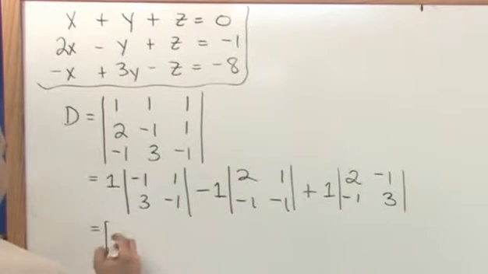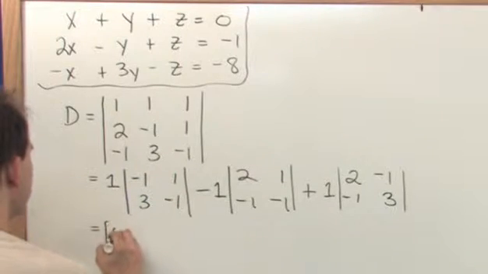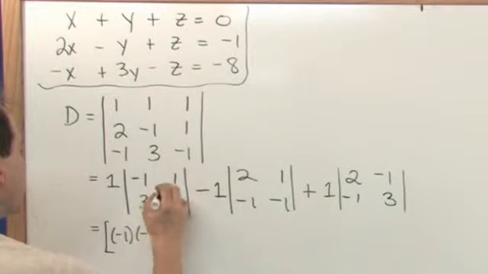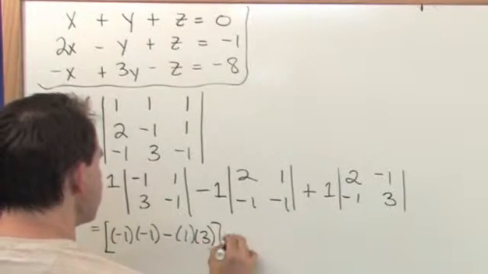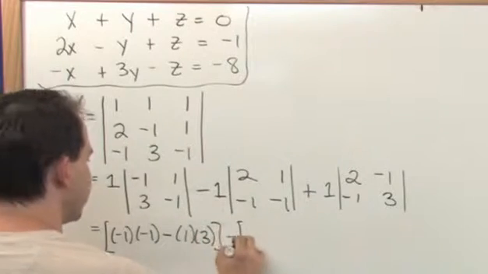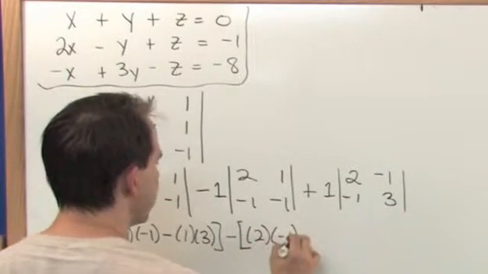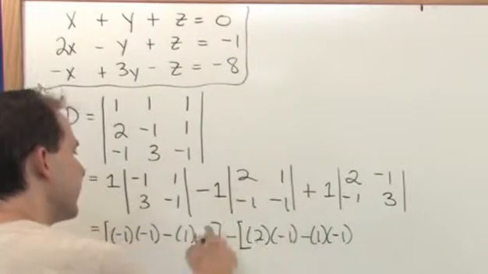So what we're going to have here is, going this way, negative 1 times negative 1, okay, minus, going this way, 1 times 3. Minus, because of this, we calculate this determinant going this way: 2 times negative 1 minus 1 times negative 1. Going like this and then like this.